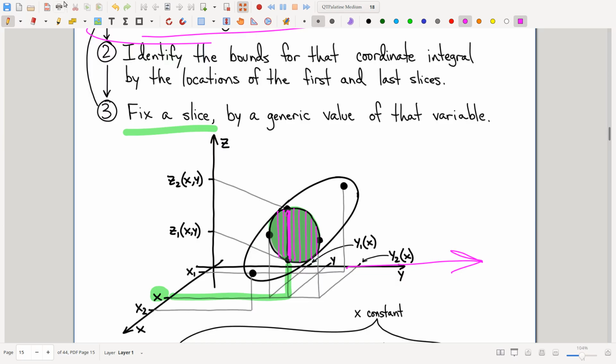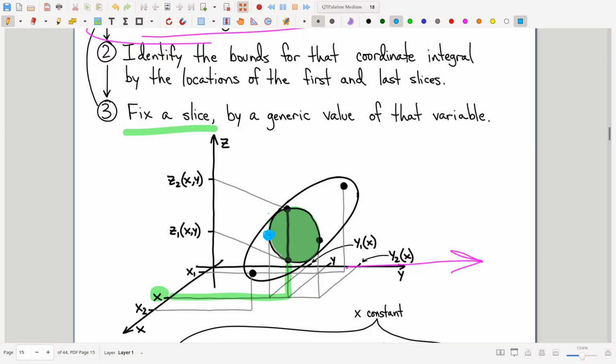All right, so we have to think about first and last. The very first of these slices is going to be whatever that leftmost point is. The particulars of the geometry will tell us how to find that point, and we'll talk about those particulars when we get into an actual example.